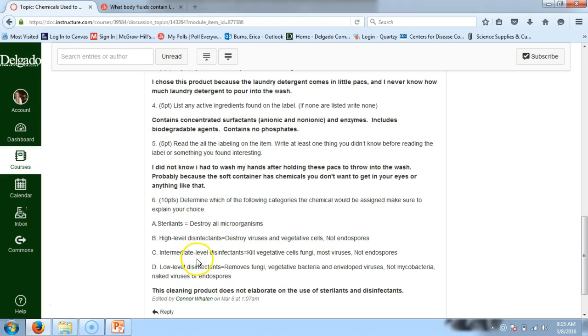But in this case, one of our options too can be that it doesn't disinfect at all. So the answer is it's not any of these, because remember, these are terms for disinfecting, if you're actually killing microorganisms. And truth is, most of the soaps that you're using, probably not.